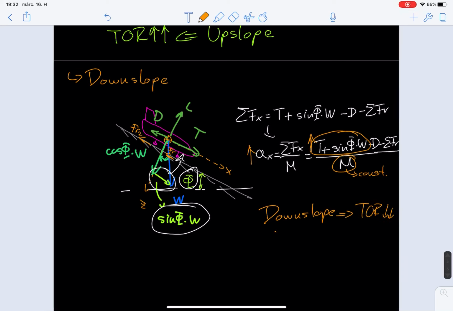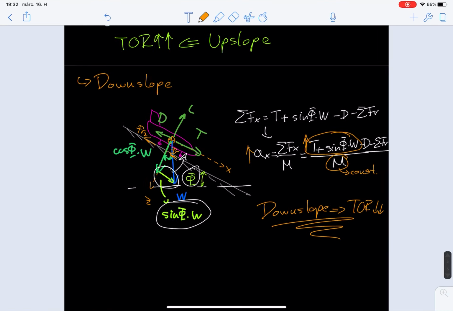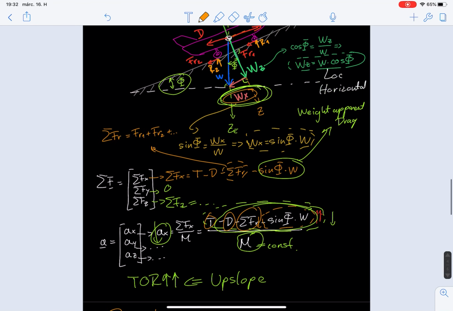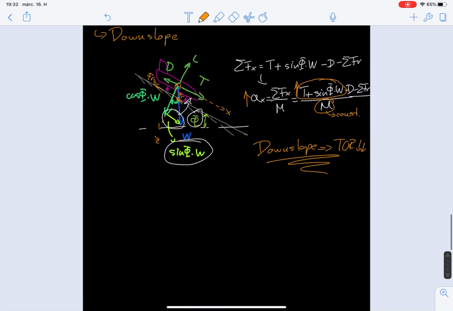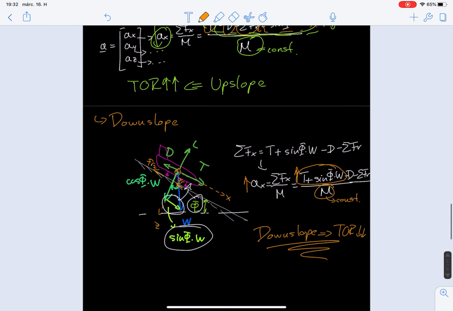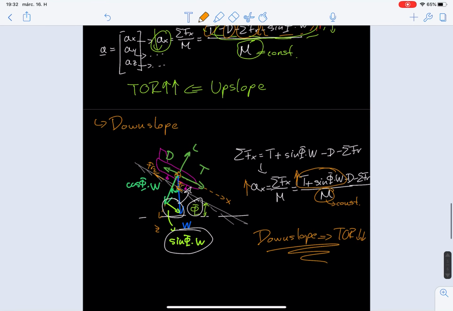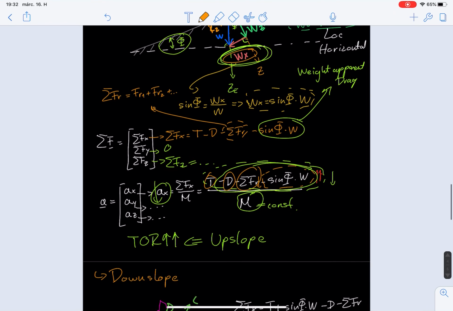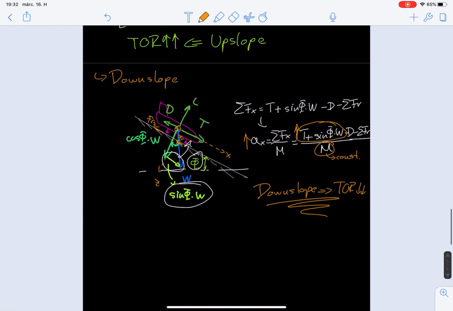And this is the final effect right here, which we have to remember just for the takeoff run. Okay, so if you have an upslope, your takeoff run is going to increase because you have the weight apparent drag.